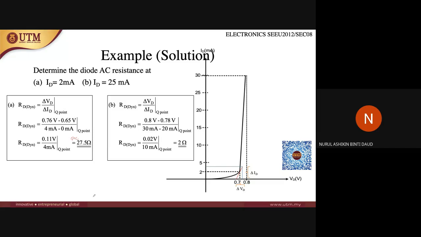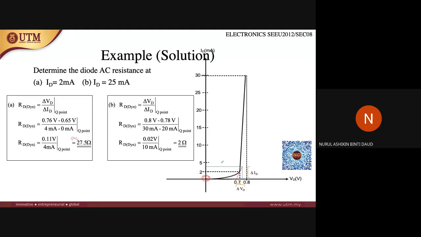It is not too accurate because when you look at this graph, especially at 0 milliampere, the reading is around 0.65, which might not be accurate since the graph here is very small.